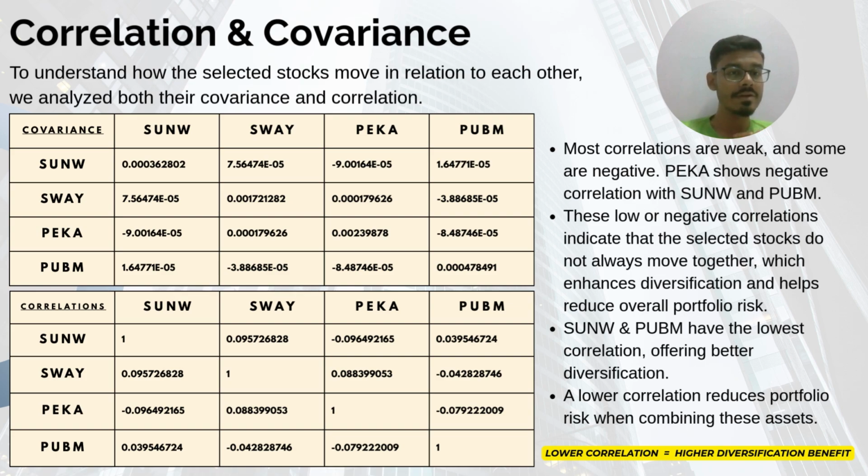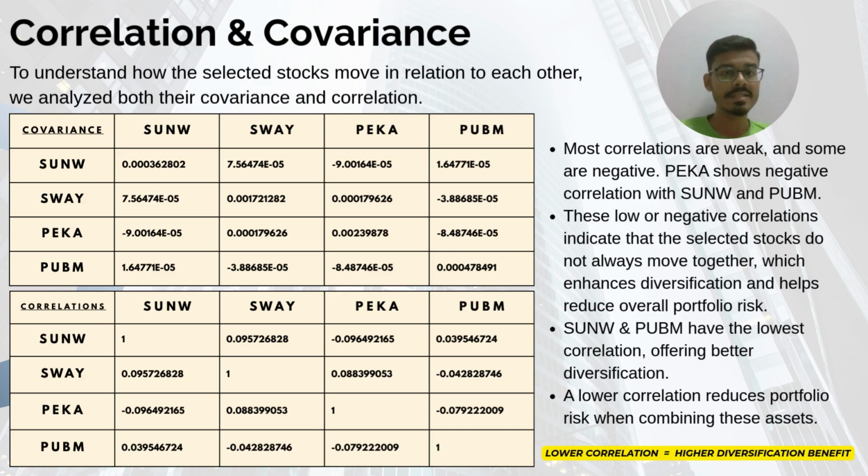If you look at the correlation table, we can see that PEKASH shows a negative correlation with Sunway and PUBM. So whenever PEKASH increases, Sunway and Public Bank tend to decrease, and vice versa. As for covariance, it shows how 2 assets move together in absolute terms.